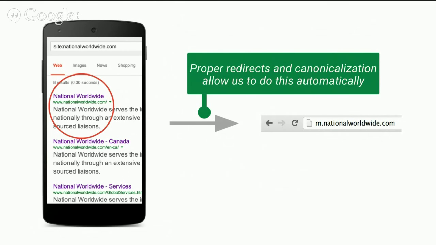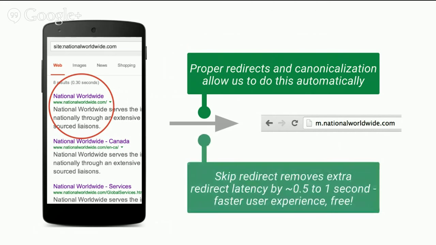The other piece is what you get if you do the redirects properly. If you set up your redirects and your canonicalization on your website properly, Google can do an additional couple of things automatically that will save users time and will save you server resources. In particular, something called a skip redirect.